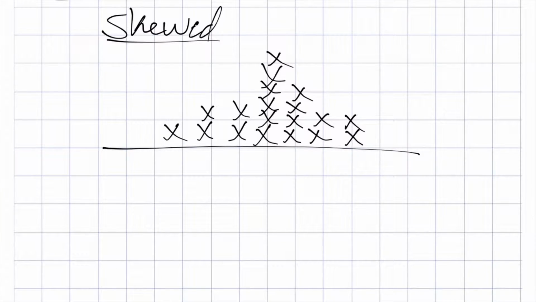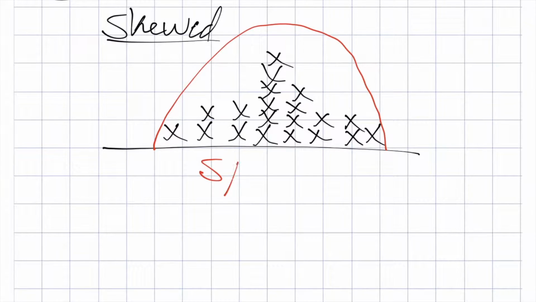Now, if we were to draw a curve with it, yikes, a little shaky right there. Try again. Oh, still shaky. So this data here would be considered symmetric. And I can't spell symmetric.